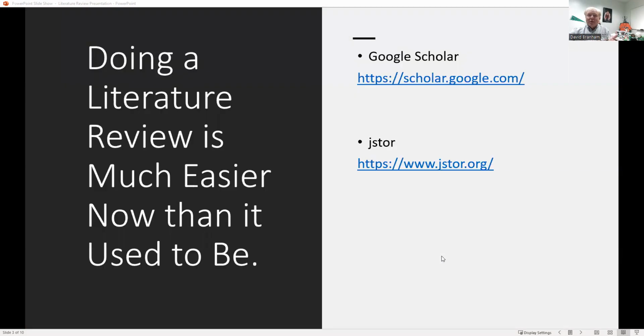To do a literature review now is a whole lot easier than it was when I was in graduate school. Back in the day, we had to go to the library and go through these stacks of paper and look up all the articles that we wanted to see, and probably go to the copy machine. I used to have copy cards with $100 worth of copies on them that I would use to make copies of articles so that I could do my literature review.